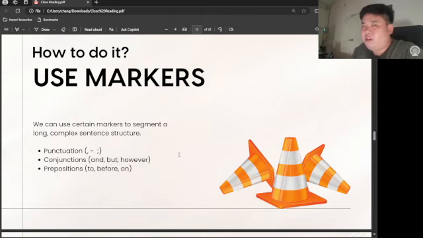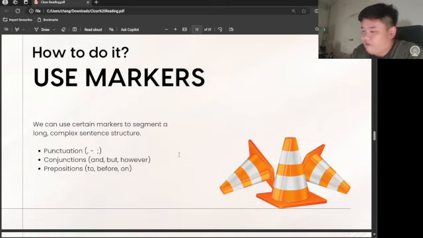We want to use certain markers so that we can mark out all the ideas that are raised within the sentence itself. So the markers that I teach my students to use would always be things like punctuation, conjunctions, and prepositions. All right. At this juncture, you should already know what all these things are.